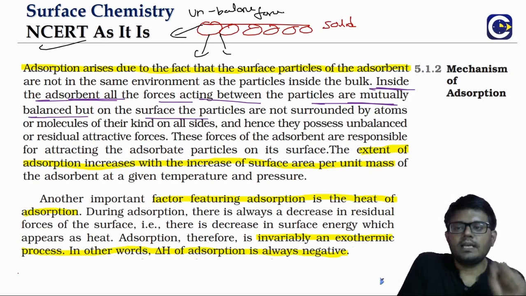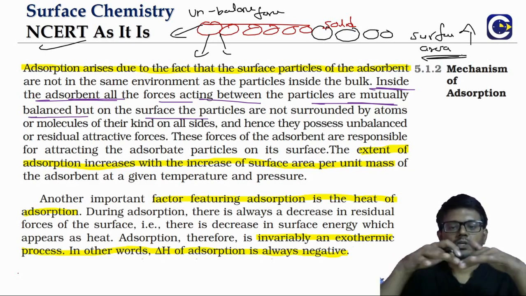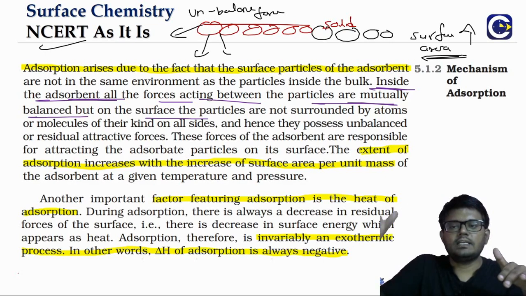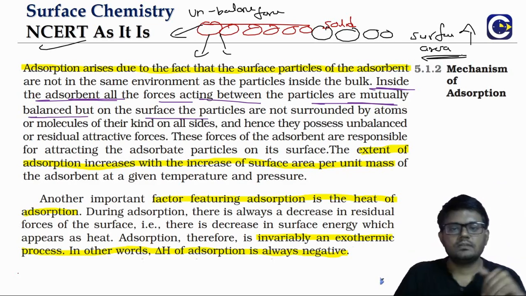And as you can clearly see here, if the surface area is more, means you will have more area available for the particles of the gas or the liquid to get attracted and to come and settle on the surface.